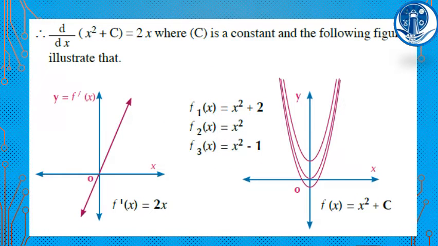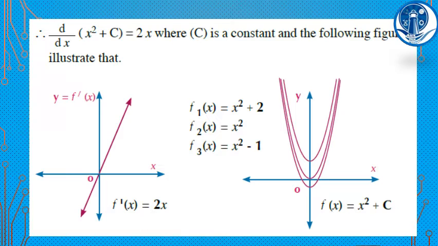The derivative of x squared plus c equals 2x. C is a constant, maybe c equals 5, maybe 4. Please focus on c and remember it. If you have f of x equals x squared plus 2, this is the curve.